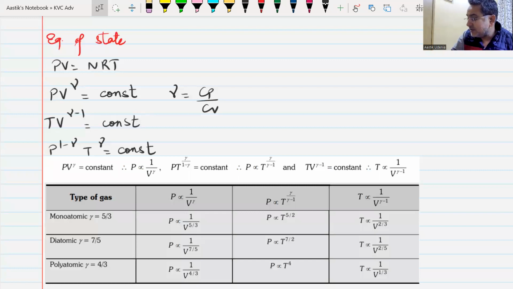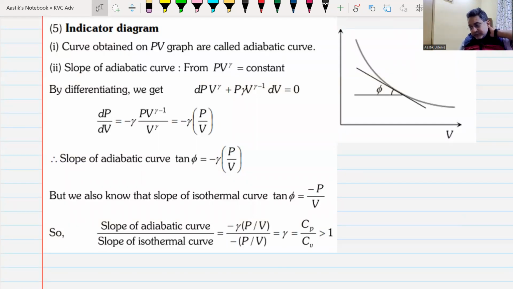Then we can go and see the PV graph or the indicator graph of this. The indicator graph, as I told you, looks similar to the graph of an isothermal process, but the slope is different. Do you remember this? Yes, sir. The slope of this graph is minus gamma times P by V. You don't have to write everything, you just have to note the important points.